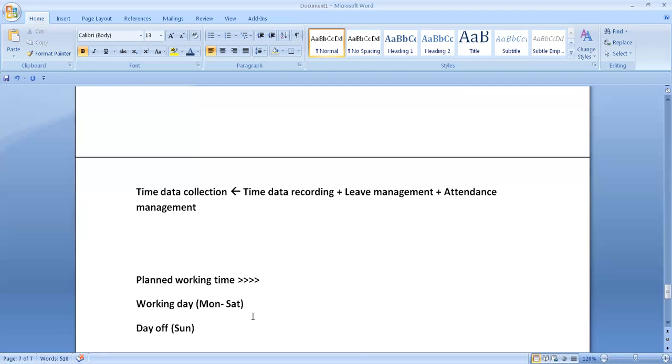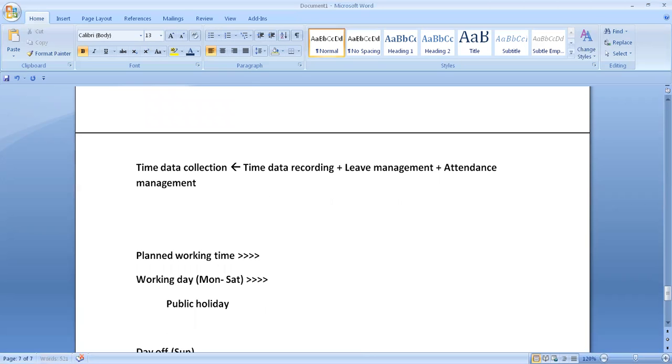When you say working day, Monday to Saturday, you can divide it again into two parts: public holiday and not a public holiday.